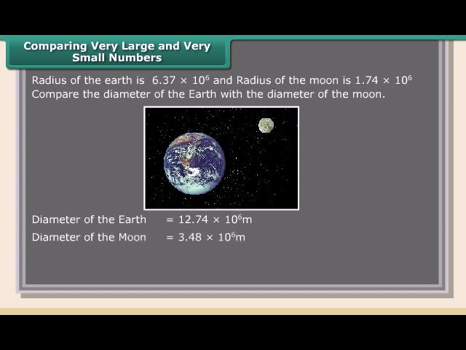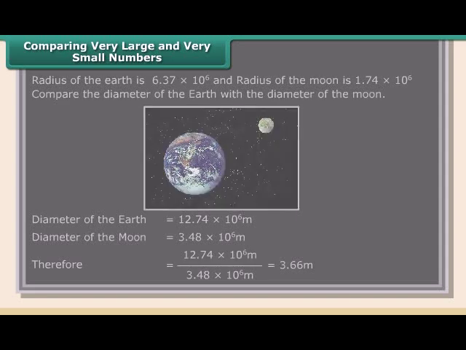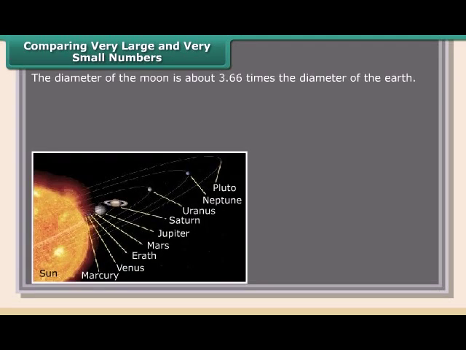Diameter of the moon is 3.48 into 10^6 meters. Therefore, 12.74 into 10^6 upon 3.48 into 10^6 is equal to 3.66. The diameter of the earth is about 3.66 times the diameter of the moon.